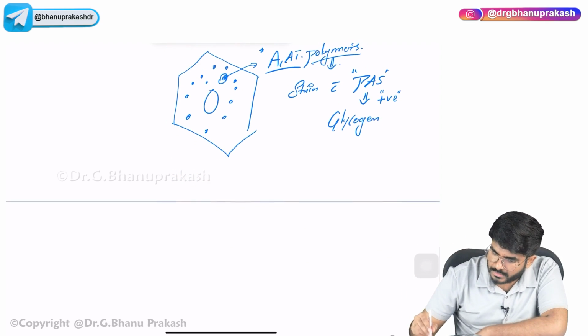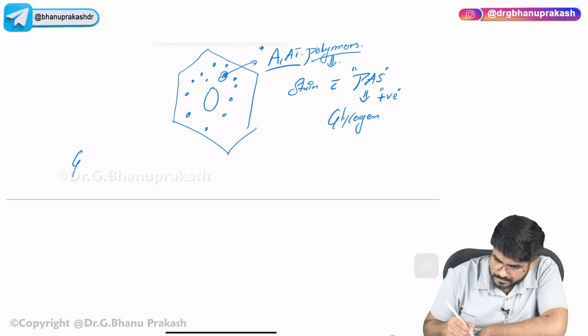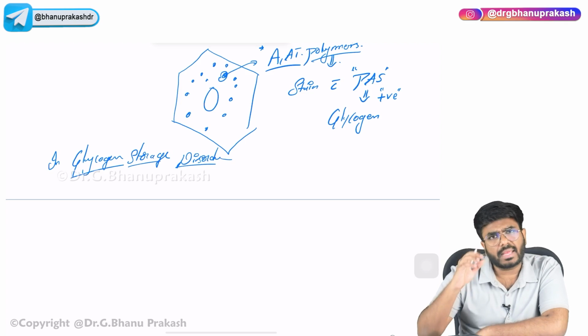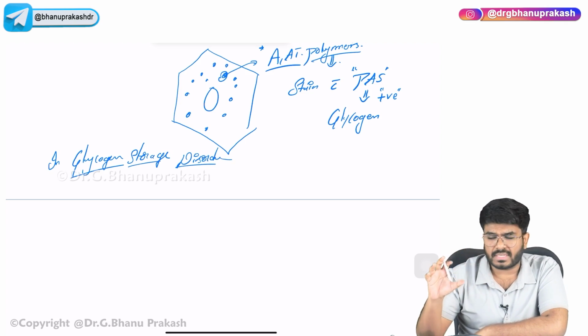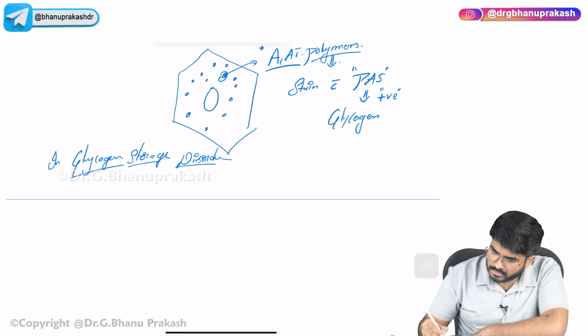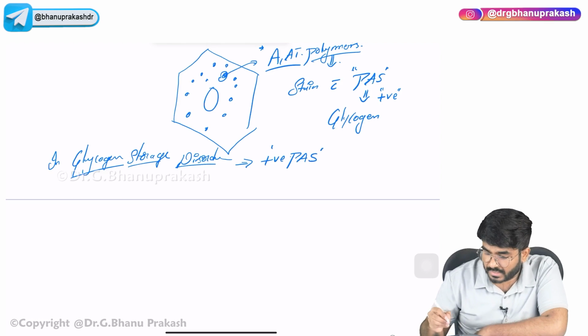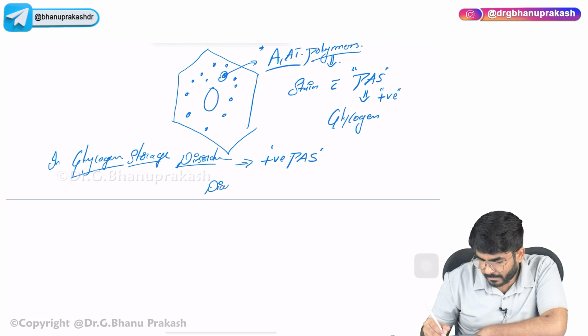Similarly, in glycogen storage disorders, glycogen is again stored in the hepatocytes, and it also stains positive with PAS, but the glycogen is diastase sensitive.